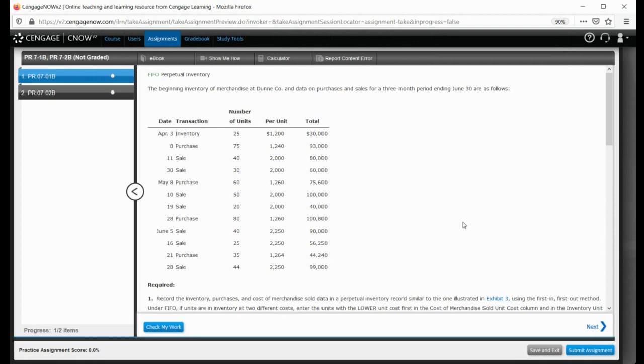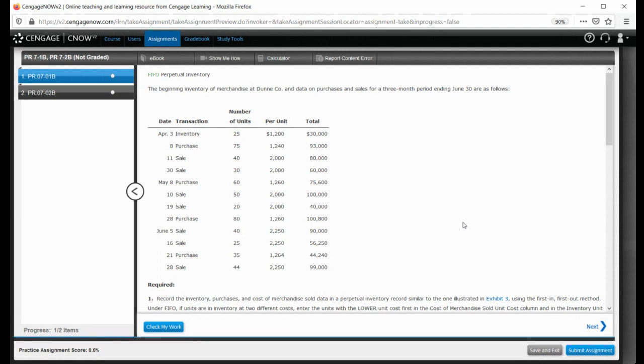Now remember, we're purchasing identical units of inventory and we're purchasing them on different dates. So as you might know, the prices of the inventory could rise during a period of time.